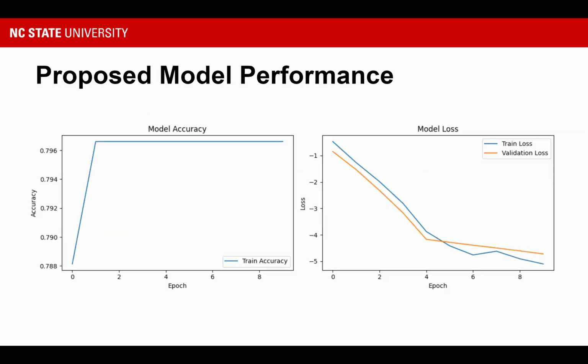Next is the proposed model performance. The hybrid model, which is a combination of VGG16 along with the transfer learning models, ResNet 50 and Inception V3, achieved an accuracy of about 80%.